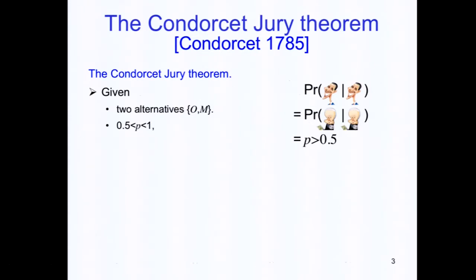There exists a number P, fixed, strictly between 0.5 and 1. If the ground truth winner, the best candidate, is Obama, then the probability of an independent voter voting for Obama is the same as the probability of voting for McCain if the ground truth is McCain, which is exactly this magic number P, strictly above 0.5.